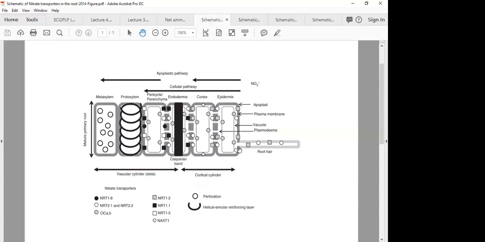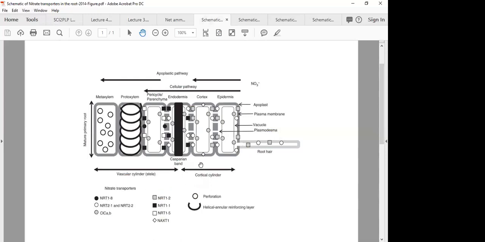Terrific. So what are those transport proteins? Those transport proteins are specific for nitrate. Here they are, indicated here. One's called NRT12, and then we've got NRT21. Then only on specific cells, in the plasma membrane of specific cells, these black boxes appear, and these are different nitrate transporters, NRT11, NRT18.